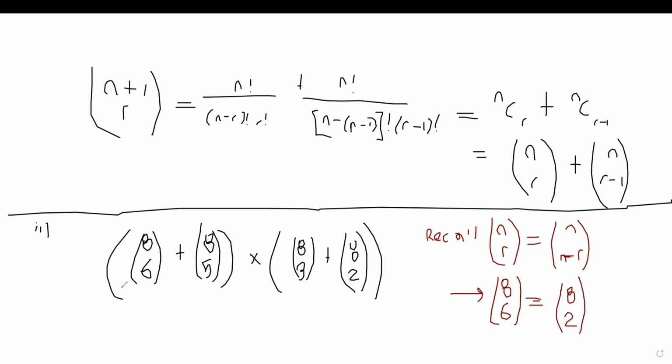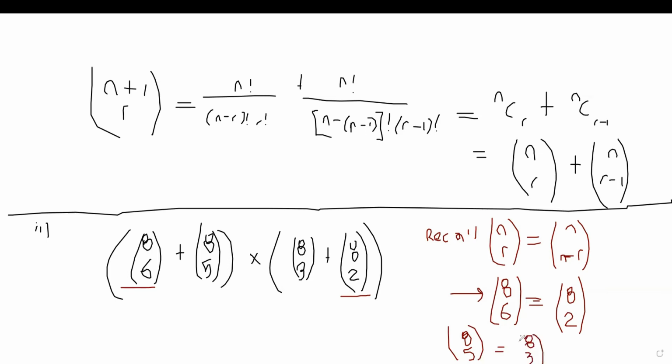So 8 choose 6 is the same as 8 choose 2. Likewise, if you put n as 8 and r as 5, 8 minus 5 is 3. So 8 choose 5 is also equal to 8 choose 3.